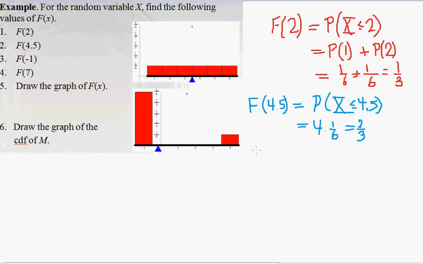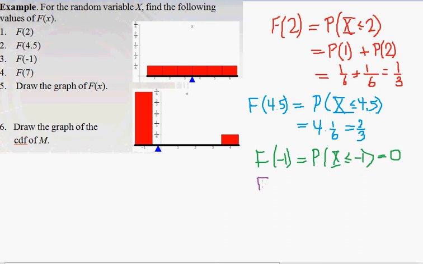F of negative 1. Well, that's the probability that x is less than or equal to negative 1. And of course, that is impossible. X has to be either 1, 2, 3, 4, 5, or 6. And so there's no way for x to be less than or equal to negative 1, so the probability of that happening is 0.